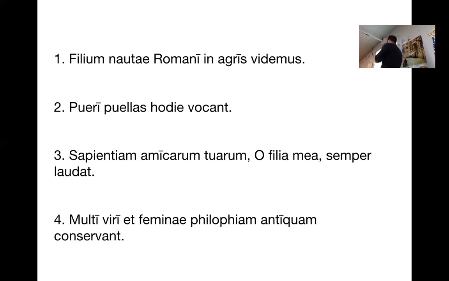There's no way you would know that by now. But both of them, nautae and Romani, are what case, Carson? They could both be nominative plural, but we know our subject is we. So what's the other thing they could both be? Right? If they're not these two, they're going to be these two.